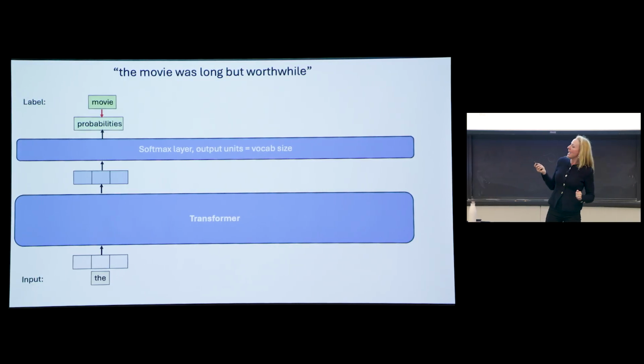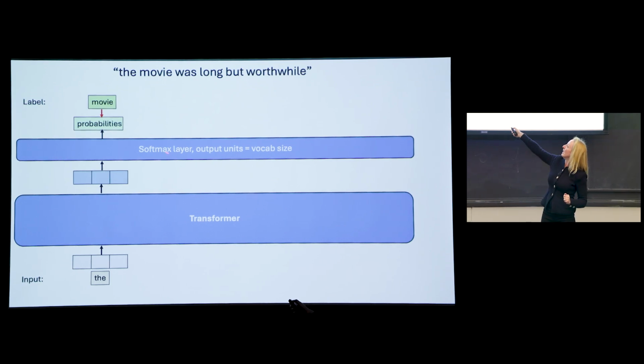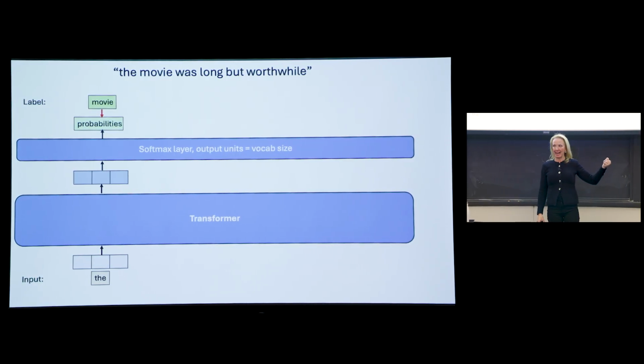And I look then at the true answer, which is movie, and I say, okay, let me go back through my transformer, maybe literally billions of parameters, but that doesn't matter. It's a mechanical process. And I say, how can I tune each and every one of these weights and biases so that I will make a better prediction the next time? That is, I will assign a higher probability to this word movie as being the word that comes next.